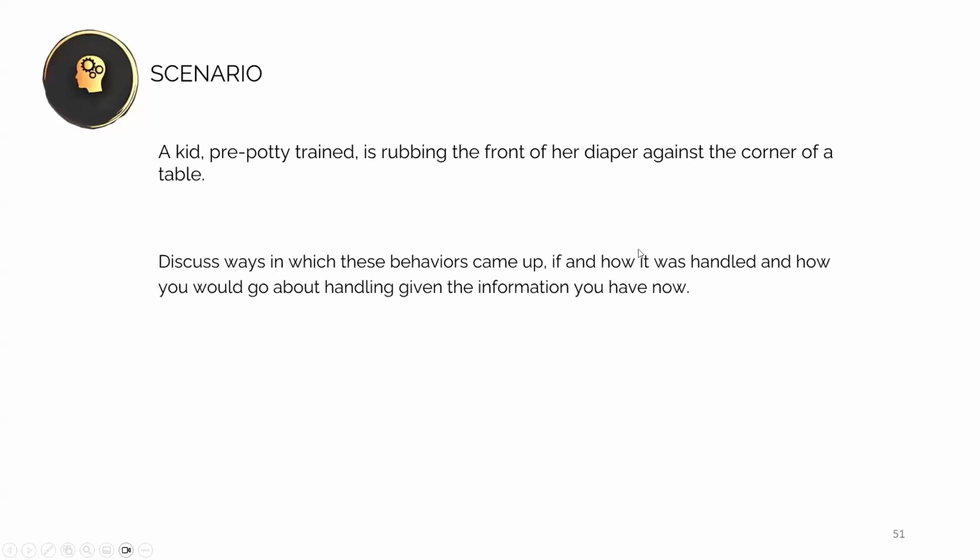If we're seeing a child in a preschool setting, they're not potty trained yet, and they're rubbing her diaper against the corner of a table, what are some ways we would go about handling this behavior given all the information we have now? How would we redirect that child? What would we say to her?